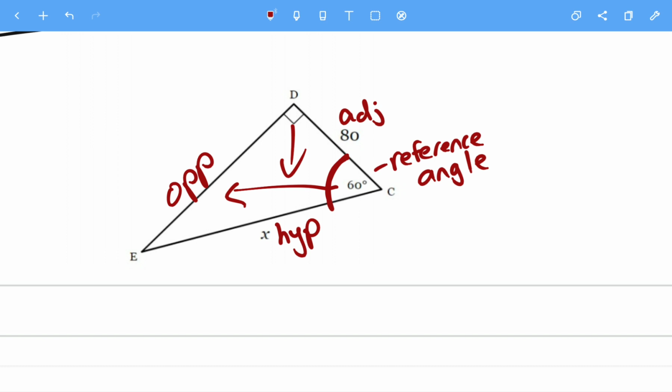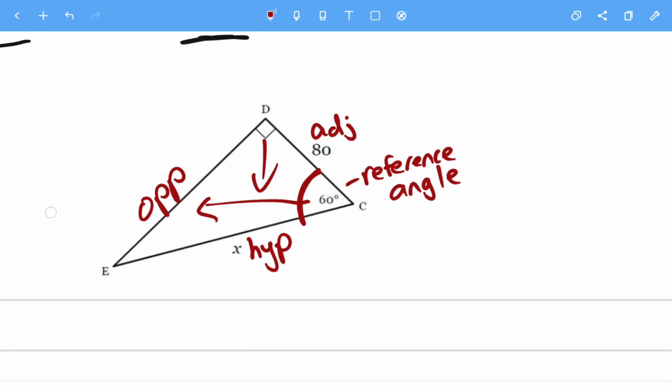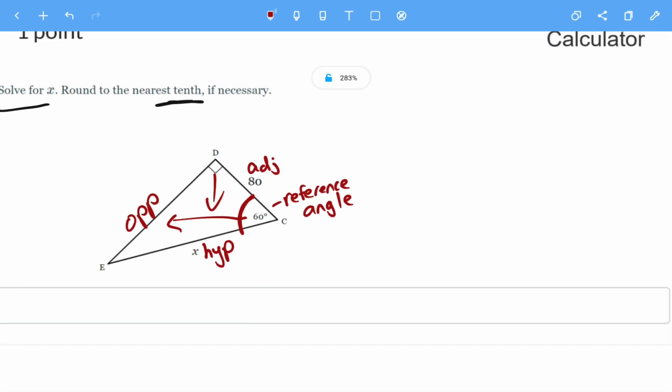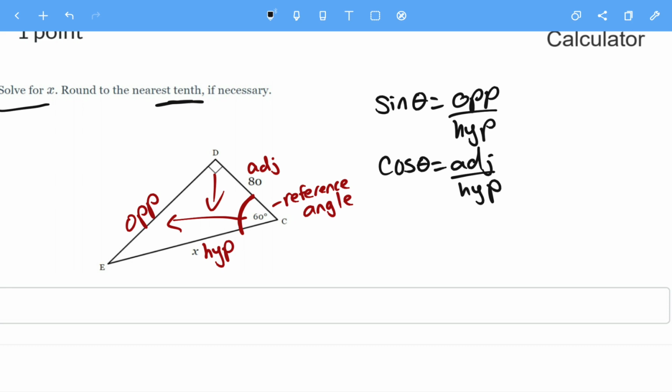So now that we have our three sides labeled, we need to compare it to the three trigonometric ratios. Those ratios are sine of our angle equals opposite divided by hypotenuse. Cosine of our angle is equal to the adjacent over the hypotenuse.